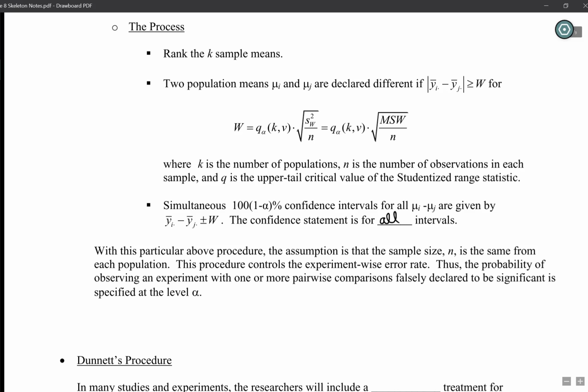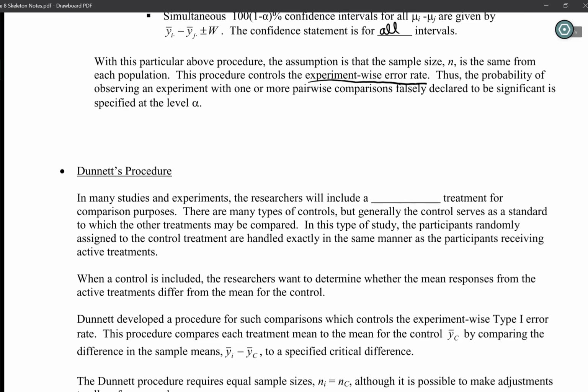So this is a nice property of Tukey's procedure: it controls the experiment-wise error rate in multiple hypothesis tests, and it gives an overall confidence statement for all the intervals in a confidence interval situation. So that is a nice property of Tukey's approach, that it does control this overall error rate.